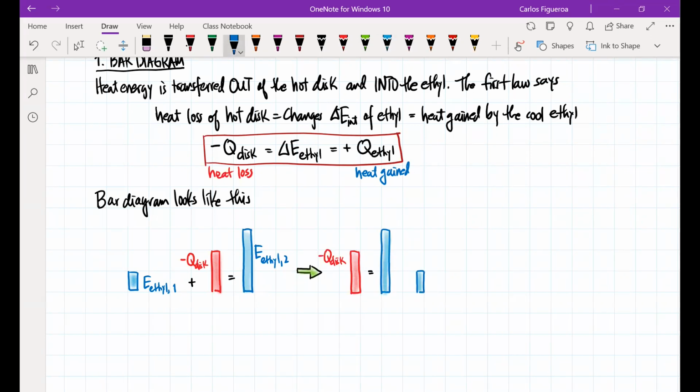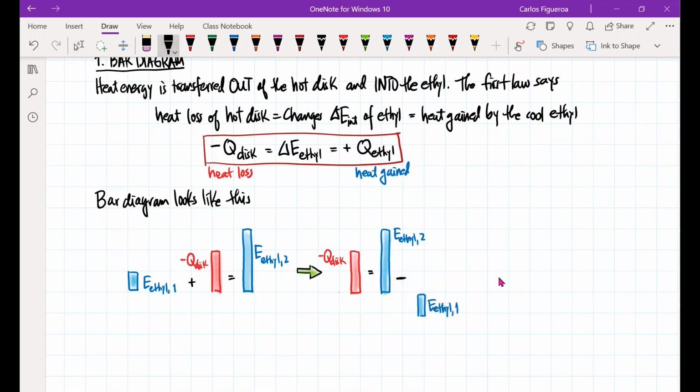So when I look at this, this is the ethyl alcohol, state 2, whereas this is the lower internal energy of state 1. And you can see that I essentially subtract them. And you know what? I drew this wrong, because it should have been below the axis, because it's a negative quantity. So it should have been down right here.